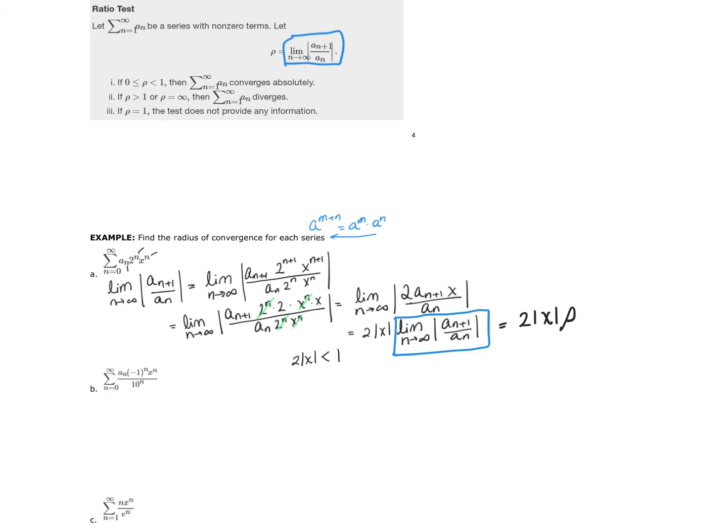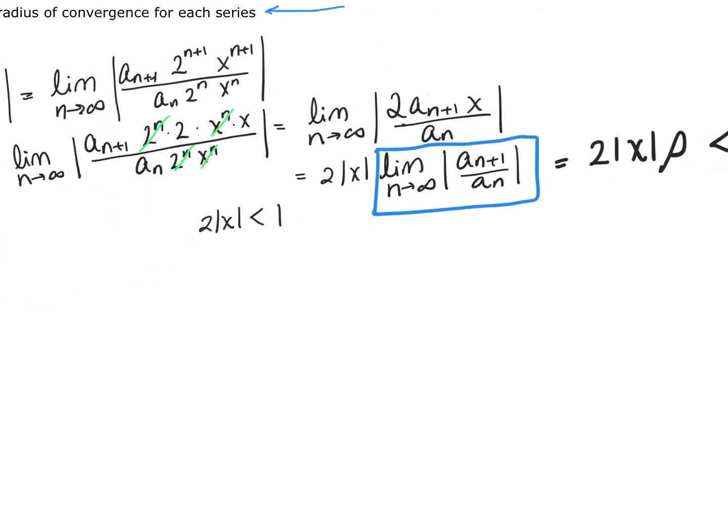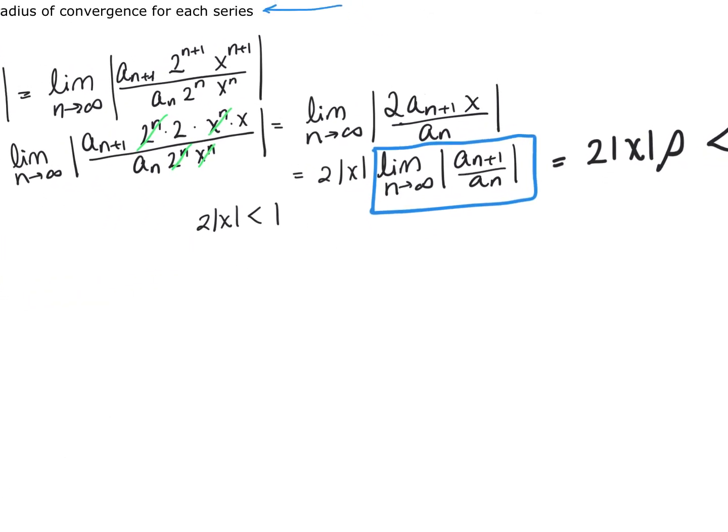And we know that this will converge when we're less than 1. So in other words, 2 times the absolute value of x is less than 1, which means the absolute value of x is less than 1/2.